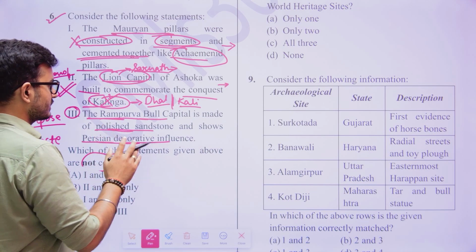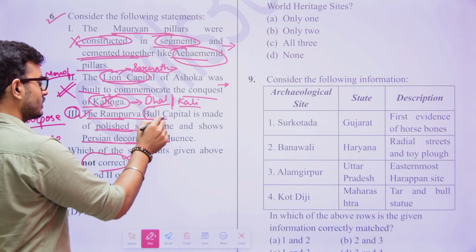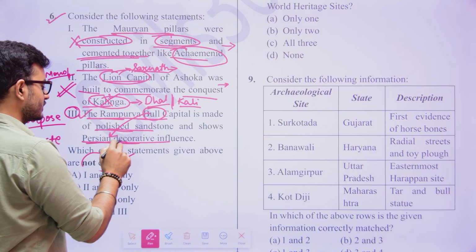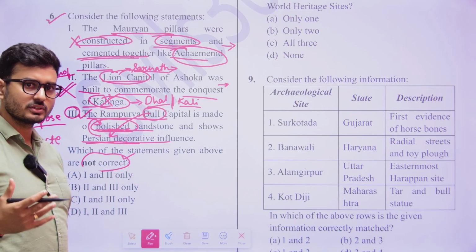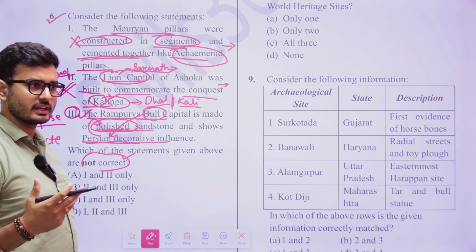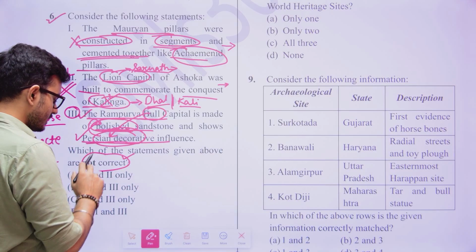There is a comparison, but not a forceful aspect. Moreover, the Ashokan pillars were very much inspired by Persian decoration for the polish. The art of polish reached its climax in India during the Mauryan period, with an influence from the Achaemenid Empire, which was the Persian Empire. So the third statement is correct.